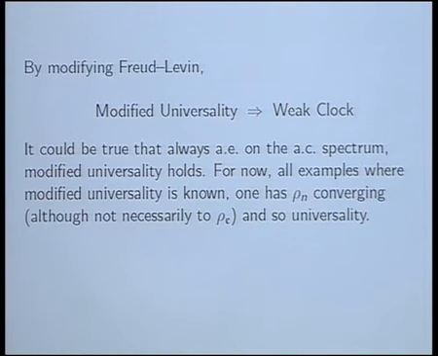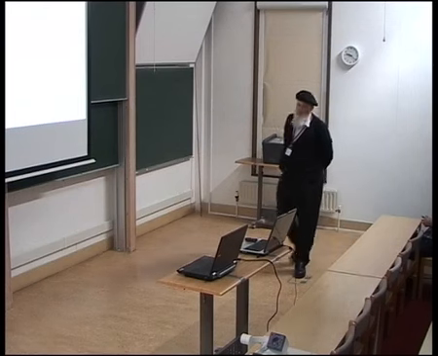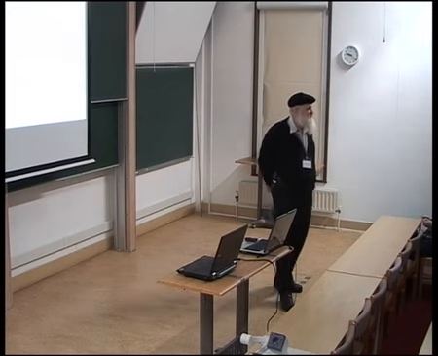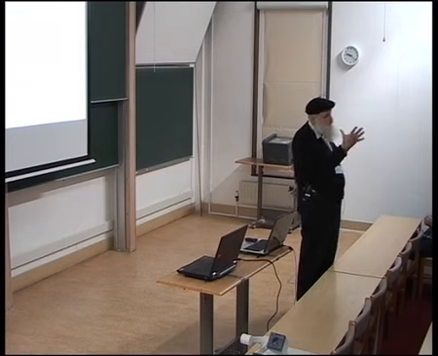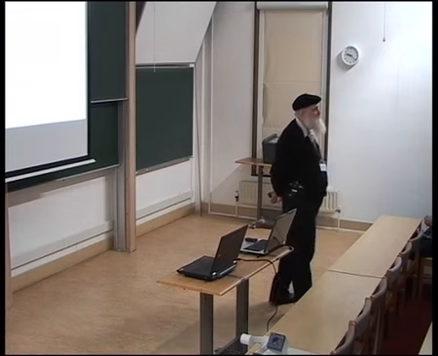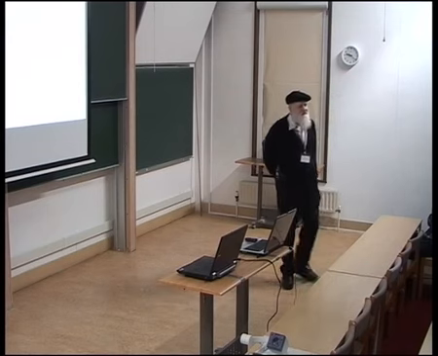On the other hand, there are examples. I have an example in my paper on equilibrium measures where, in fact, on the AC spectrum, the density of states does not exist, where it proves there are at least two limit points, and you can actually prove the set of limit points of the density of states is a connected set. So if there are two, there are a lot.